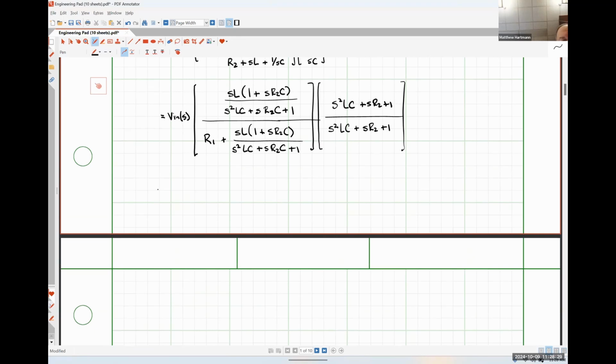And so what that's going to give me is Vn of S multiplied by, in my numerator, I'm just going to have SL times 1 plus S R2C. And then down here, I'm going to have R1 times S squared LC.